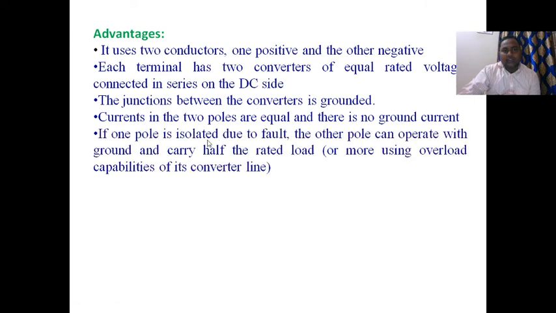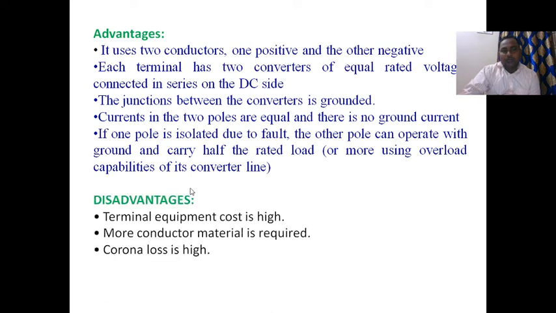If one pole is isolated due to fault, the other pole can operate with ground and carry half of the rated power. This is a very big advantage of the bipolar link. If one of the conductors is faulted or unhealthy, then the other conductor will carry half of the rated load.